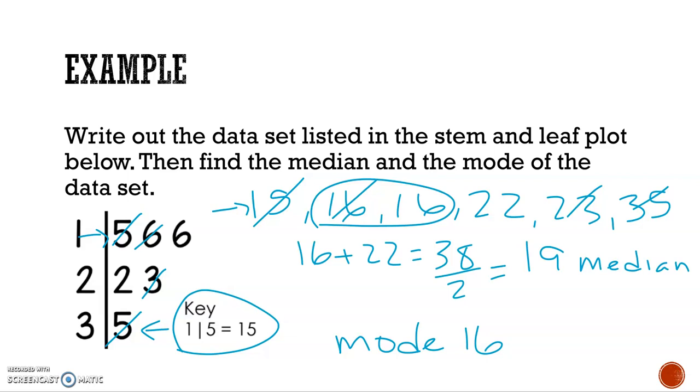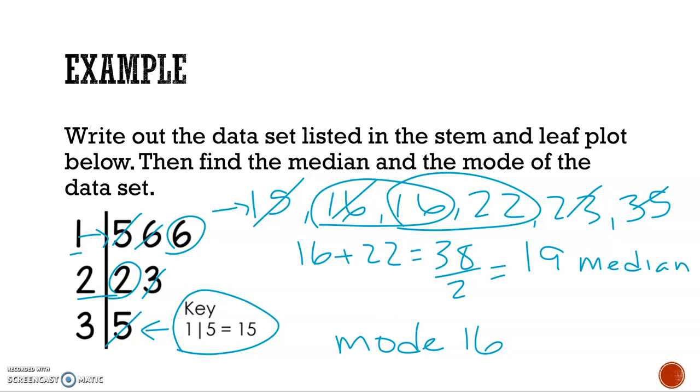You can see that the 2 numbers I didn't cross off were the 6, which corresponds to 16, and the 2, which corresponds to 22, which were my 2 medians when I wrote them out. If you want to try that, go ahead. Otherwise, just plan on writing them out if it asks you to find the median.